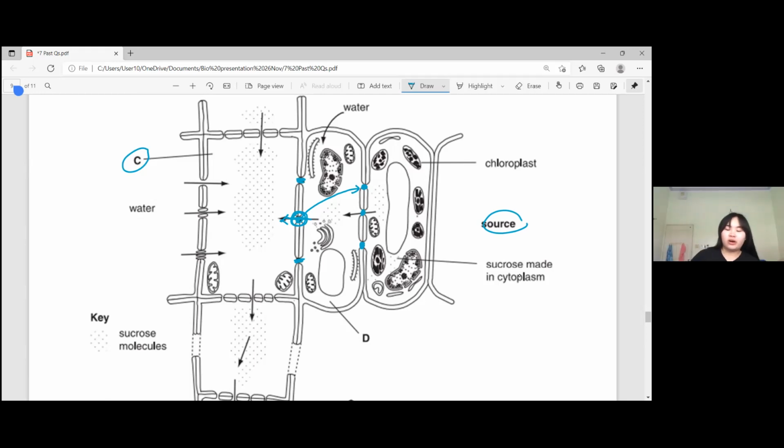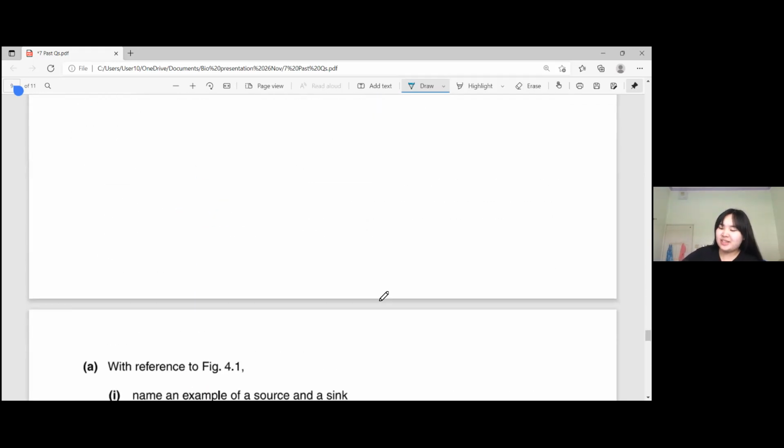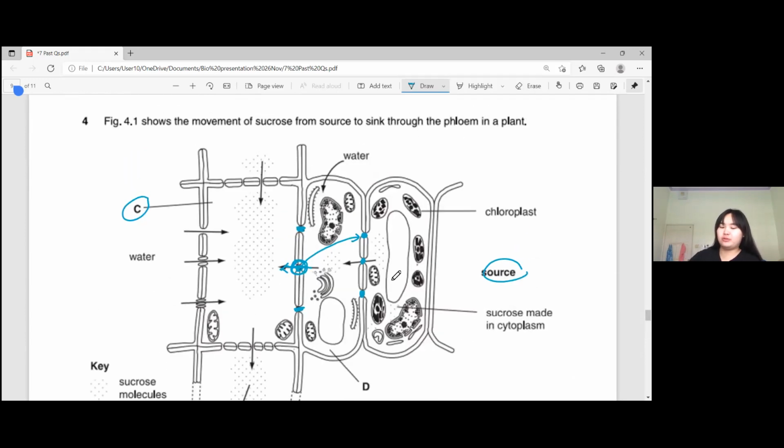So, what's the question again? How the sucrose moves from the source to the sieve tube element. So we can see here, these are the sucrose. And this one is the companion cells. In the companion cells, there's something called the proton pump, which will pump the proton out.